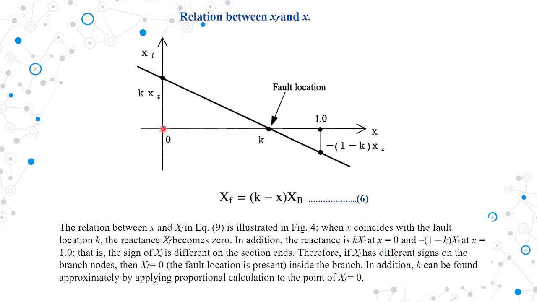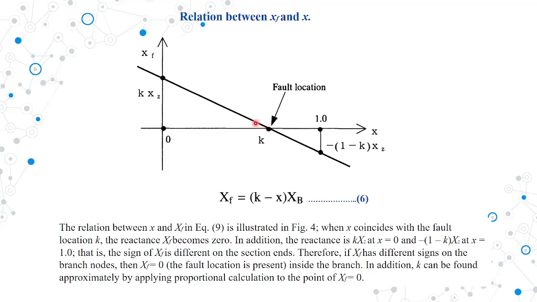For example, take 0, 10, 15, 20 kilometers. For the K point, we can simply assume that K is 20 kilometers, while X is greater than 20. So if K is 20 kilometers and the fault occurs at the 20 kilometer location, we can say XF is equal to 0 at the same point.